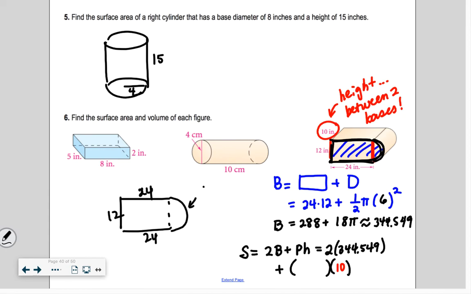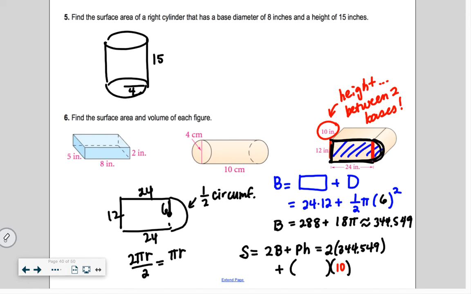And then this is half of the circumference, right? Isn't that diameter 12, like the dotted line? It is 12. So we're going to have a radius of 6. It's pi times diameter, or 2 pi r. But you're saying divide by 2 because it's half of the circumference. So it's just pi times the radius, right?